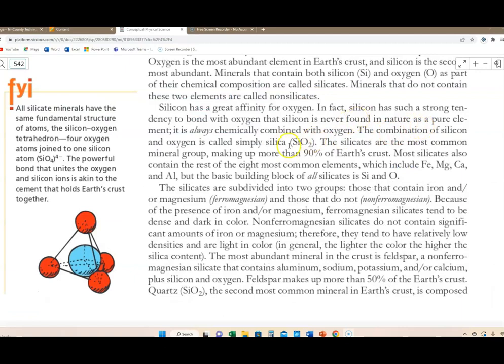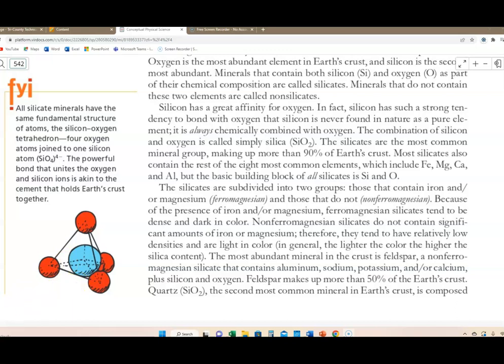All right. So here is of course SiO2, silica. This is just an artist's representation of the tetrahedral structure that these silicates form. All right, I wanted to show you that.